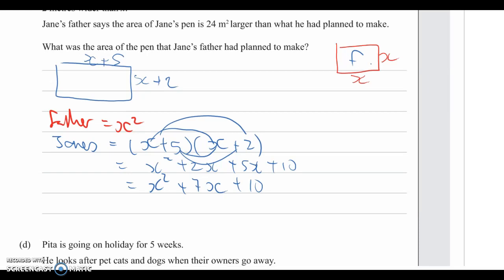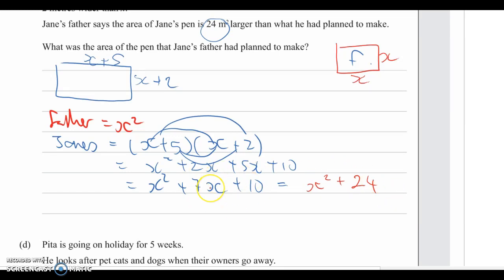Now, they've told me something about this 24 meters squared. Jane's father says the area of Jane's pen is 24 meters squared larger than what he had planned to make. So this area, Jane's area, is equal to her father's area plus the 24.